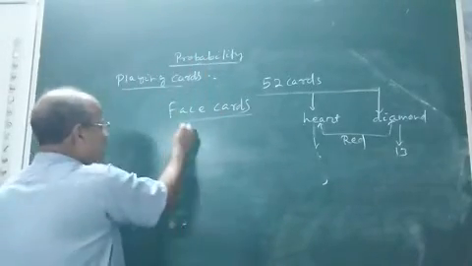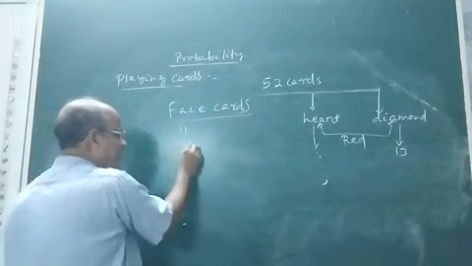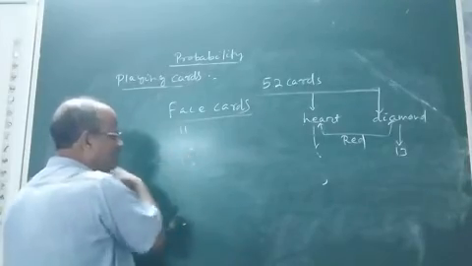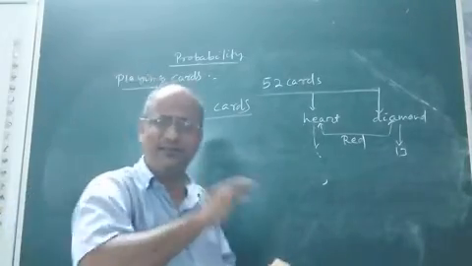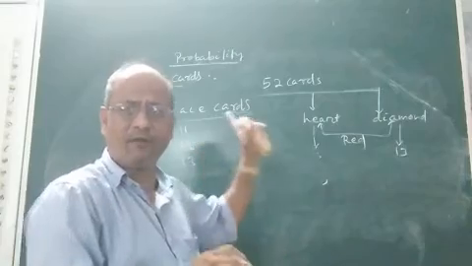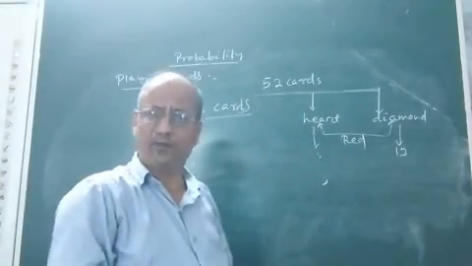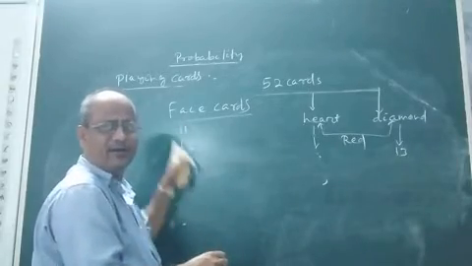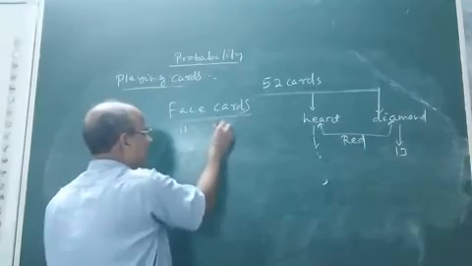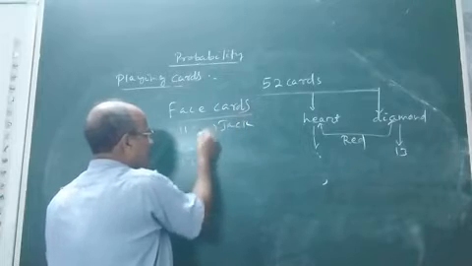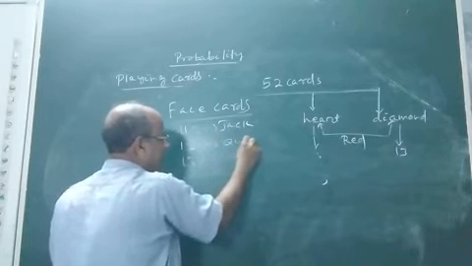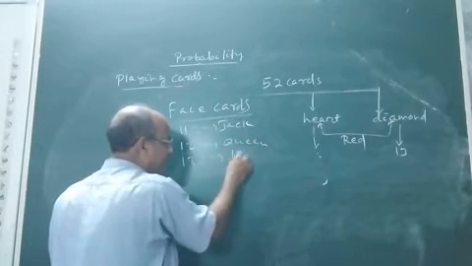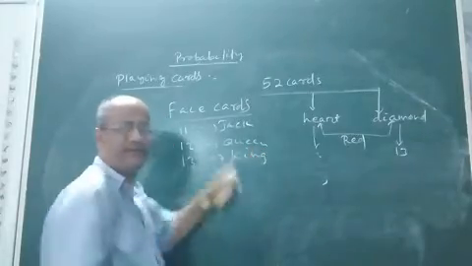That means the cards bearing numbers 11, 12 and 13 in each suit, that is jack, queen and king. These 3 cards are called face cards.